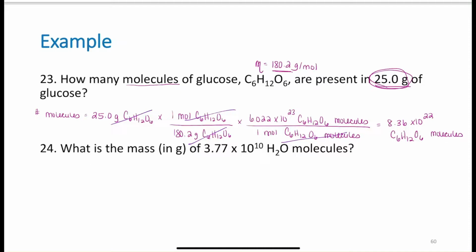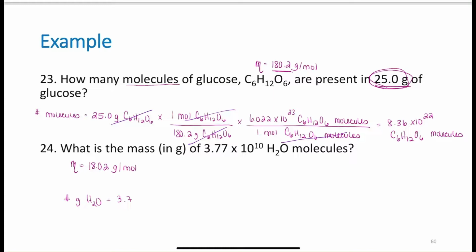What is the mass in grams of 3.77 times 10 to the 10th water molecules? Molar mass of water, 18.02 grams per mole. So I want to know the number of grams of water.